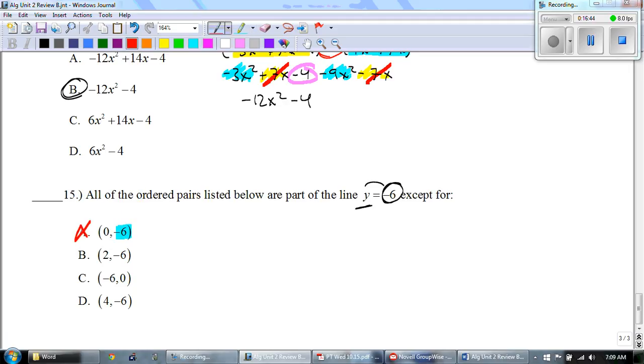Yep. Does y equal negative 6? Yep. Does y equal negative 6? Yep. What about D? Yep. So C is the only one that had a different y value, which means it can't be a part of that line.